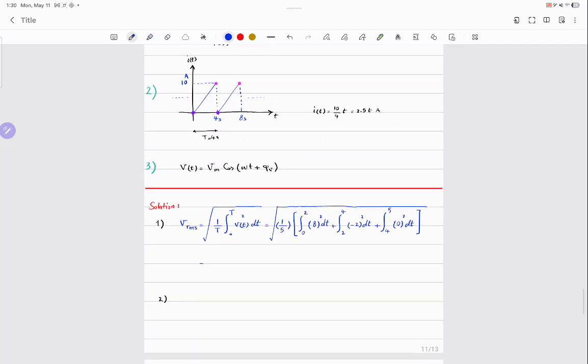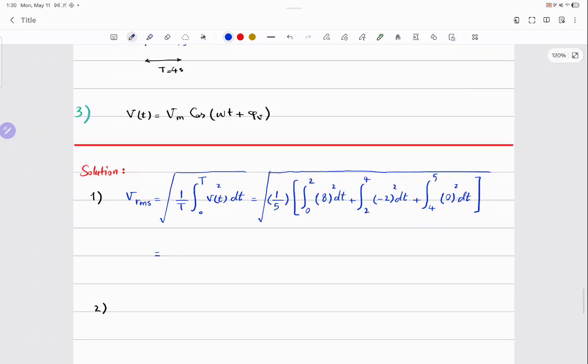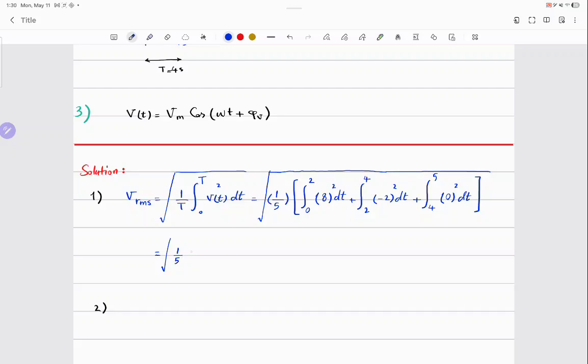Okay, that's equal to 1 over 5. The first one is going to give you 64 multiplied by 2, that is 128, plus 4 times 2, 8, plus 0, is equal to, I have the final answer somewhere, 5.215.